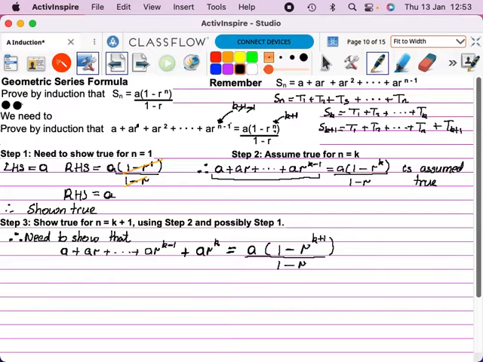Need to show that this expression, we can just put the word this in, put the word true at the end. But we have to use step 2 in order to show it. So let's go to the proof bit.